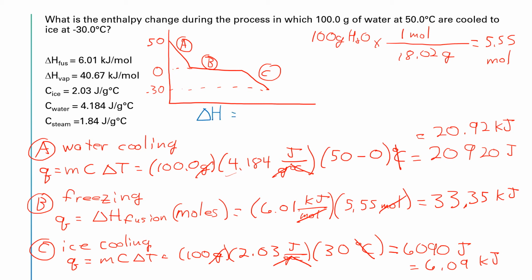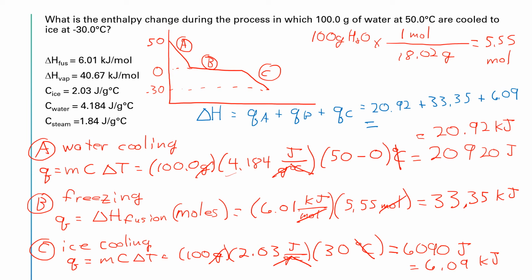That's going to be equal to Q from step A plus the Q from step B plus the Q from step C. And so from step A, we had 20.92. From step B, we had 33.35. And from step C, we had 6.09. And that's all in terms of kilojoules. So let's see, if I run that through my calculator now.